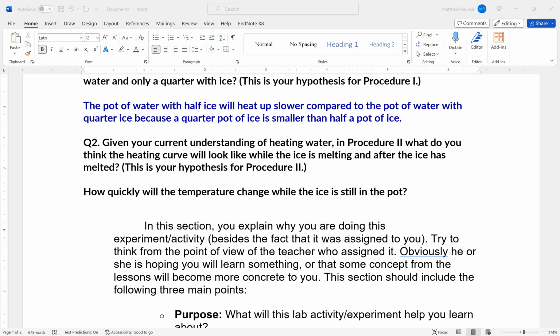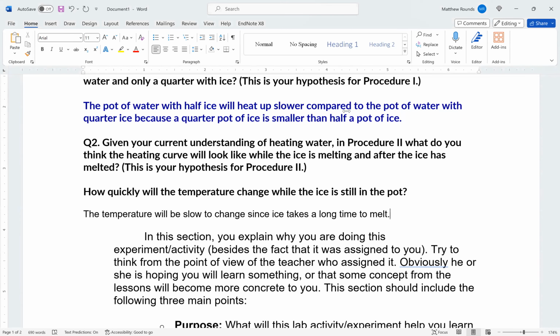So far, I've only written one sentence about how the temperature will be slow to change since the ice takes a while to melt. Instead of a while, I should say long time for more words. I just sent in the chat what I wrote. The temperature will be slow to change since ice takes a long time to melt.